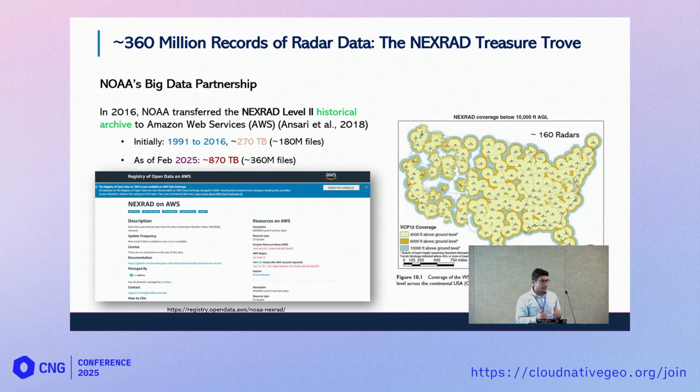The initial release included data from 1991 until 2016, totaling about 270 terabytes, which at that time was around 180 million files. If we fast forward to February of this year, the data has grown to 870 terabytes.